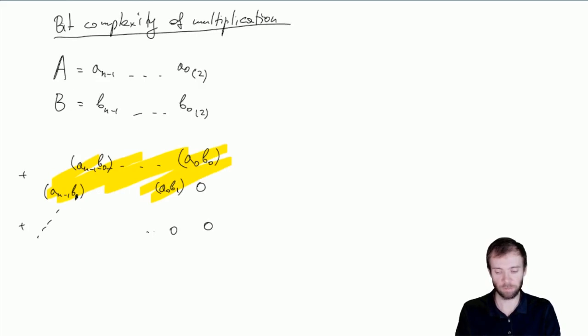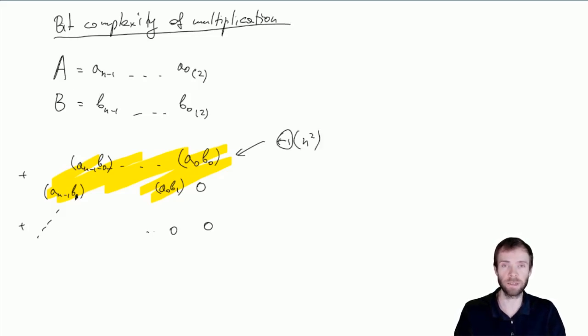Just to compute and to consider all these pairwise products, conjunctions of bits, we spend quadratic complexity. So we have theta of n squared operations here already at this step, before we even try to add these numbers. When we talked about circuit complexity of multiplication of numbers, it was not a great deal that we had these n squared operations here, because all these conjunctions can be computed at once in a single layer of the circuit.